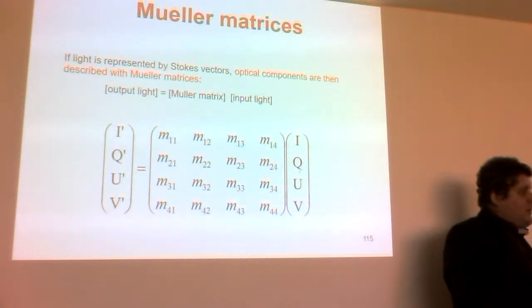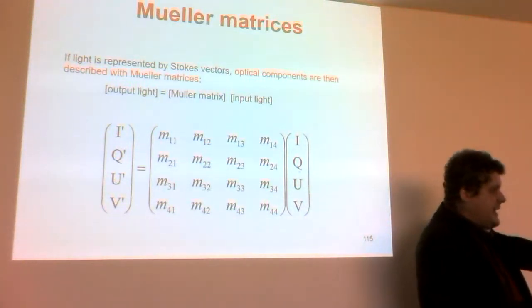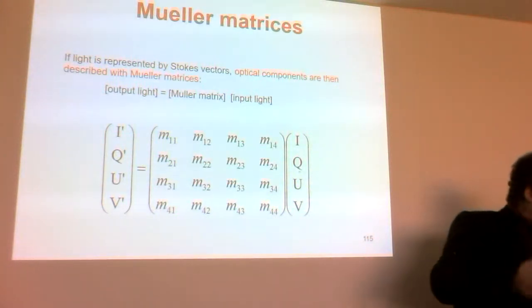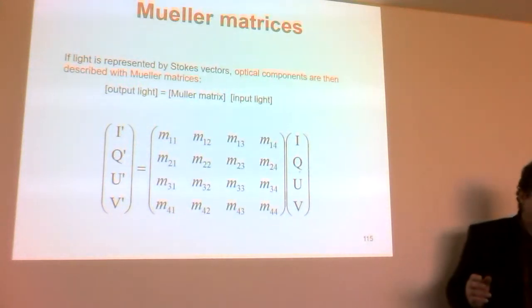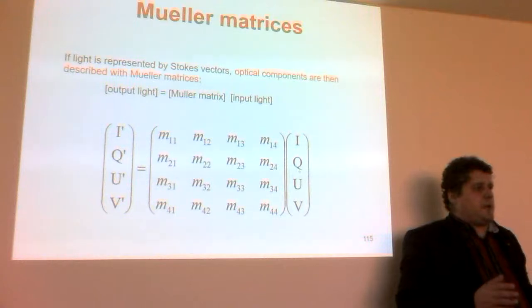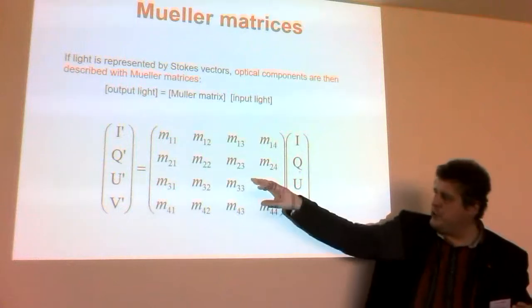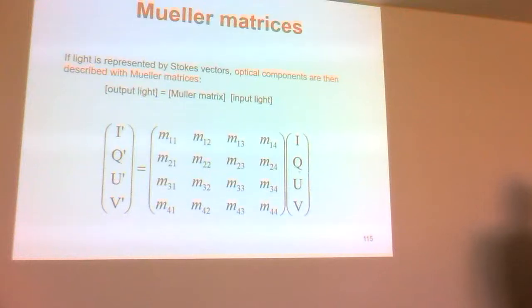Our approach comes more from the Jones formalism, where we consider how the polarization state is changed within the medium. We can predict it with, let's say, Monte Carlo analysis, and then use it to understand how the signature changes on the Poincare sphere. We're also able to extract some Mueller elements from our technique, and we compare them to cross-validate the techniques.